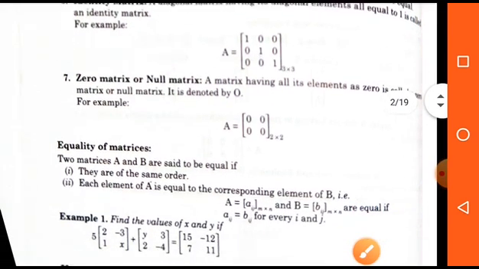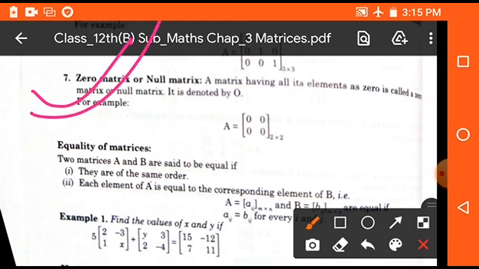Okay students. Now zero matrix or null matrix. If any square matrix contains all the elements 0, then we can say that this is called a null matrix or zero matrix. Okay students, got it? Okay, now we will study equality of matrices. That means in which condition two matrices are said to be equal.